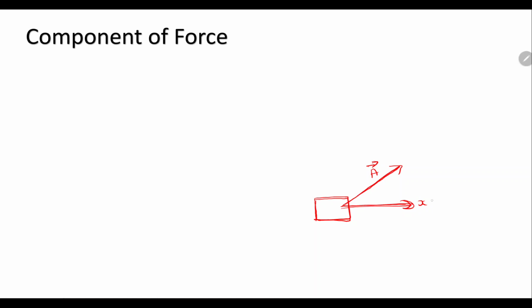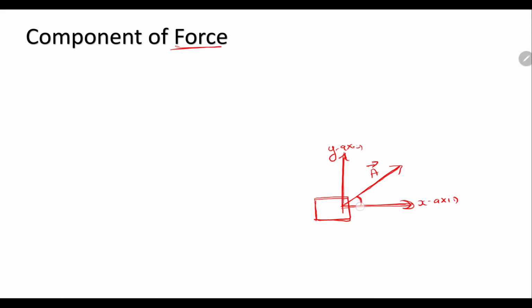This is the x-axis. And what is the component of vector A along the y-axis? The component of vector A, it may be force or pressure, whatever it may be, along the x-axis and y-axis. Especially here I have taken force, we'll discuss that later, but here you should know.